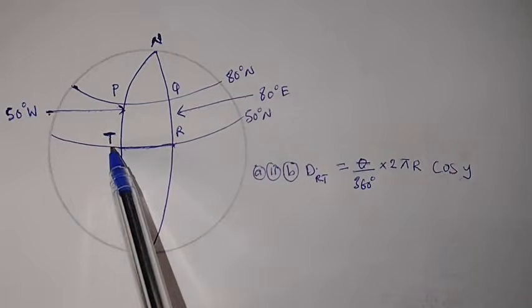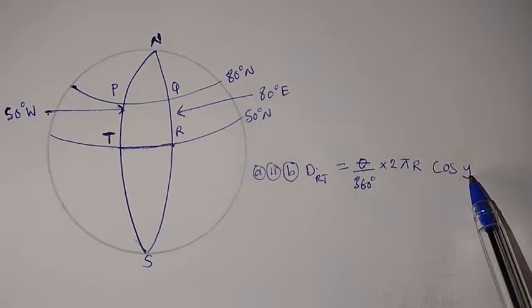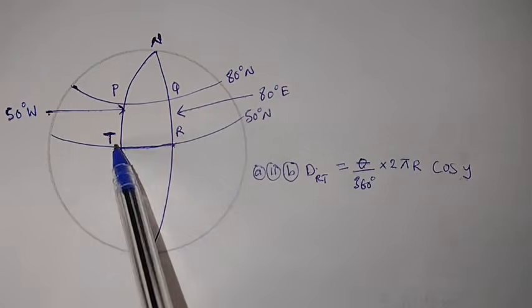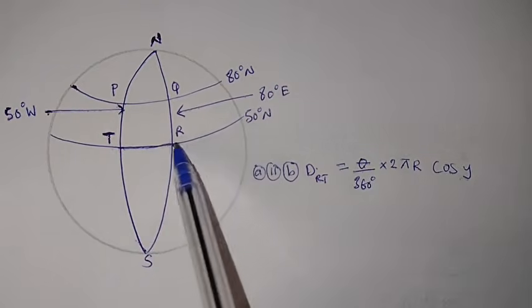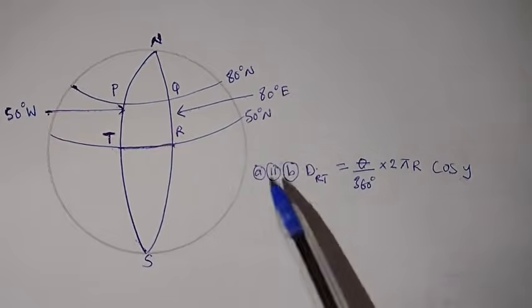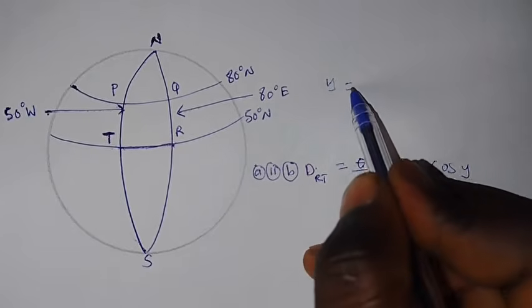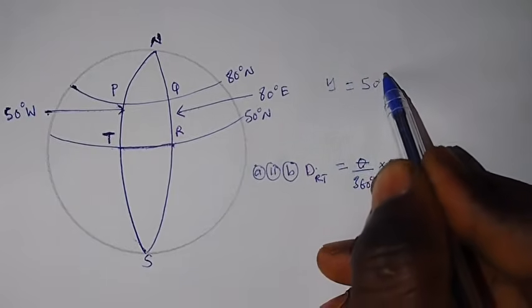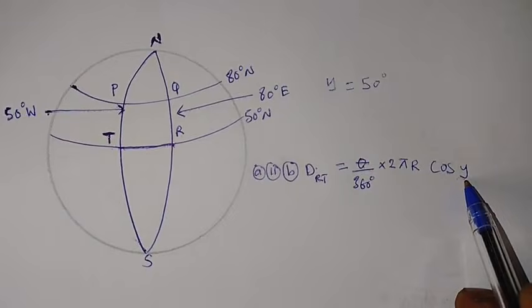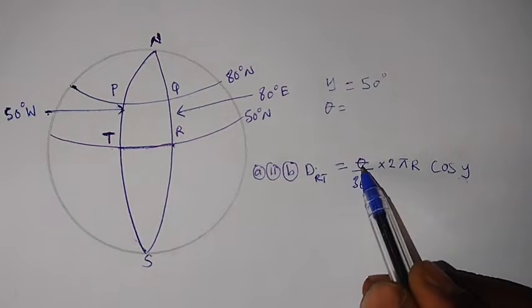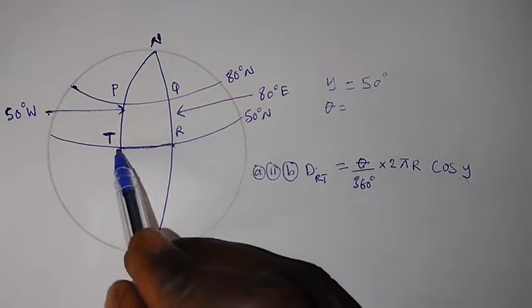And this y is the angle in latitude, because R and T are lying along the same latitude, which is 50 degrees north. So y will be equal to 50 degrees. Where there is theta, this is the difference in longitudes for R and T.